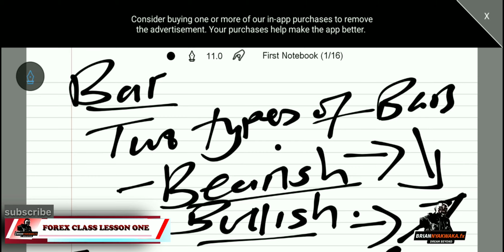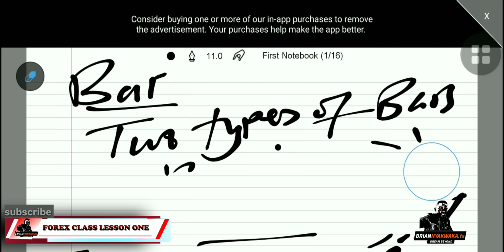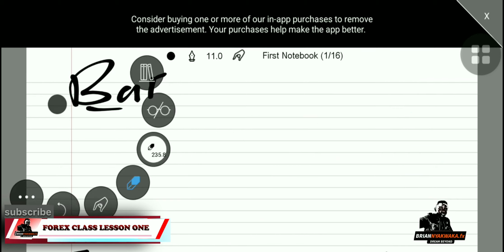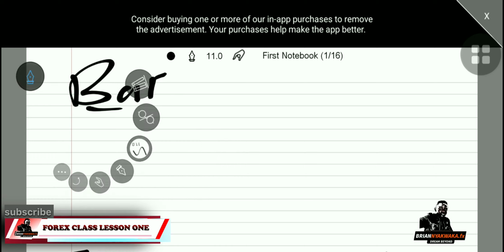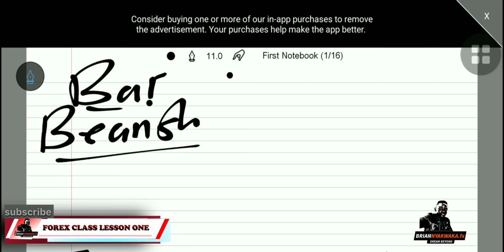So we have two types of bars. We have bearish bar and a bullish bar. We're going to start with a bearish bar. So a bearish bar means the price is moving on a downtrend.